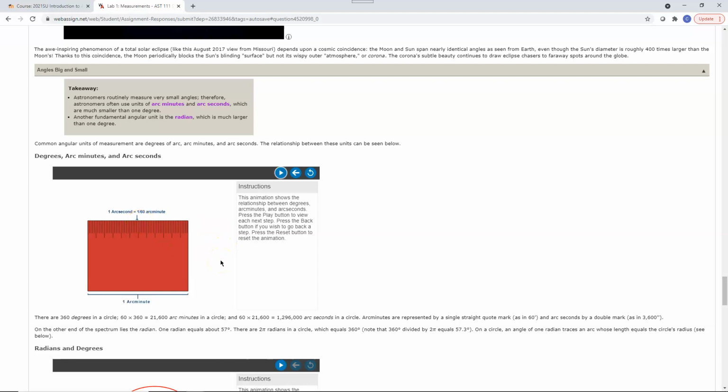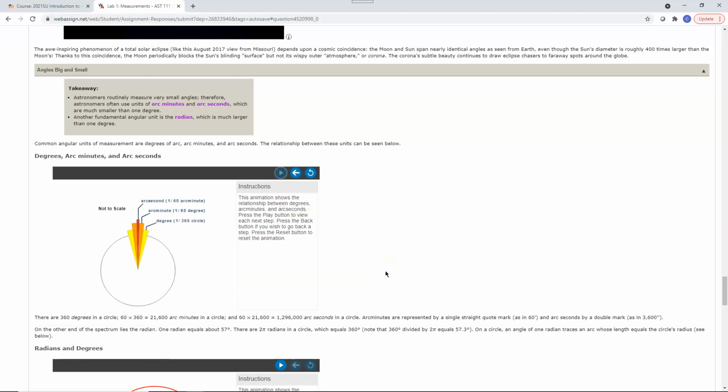Out to about 50 parsecs, you can measure that, but really we can't see anything further than that. So this is what it breaks down to look like. You have 1 degree, 1 arc minute, and 1 arc second. Basically, if we're looking at the sky, you can see those things as differences between one star and another.